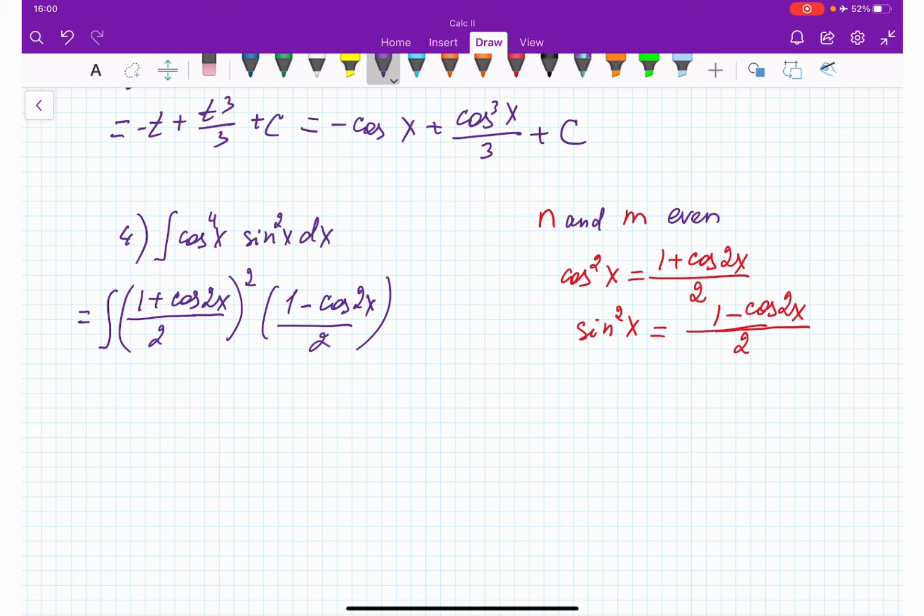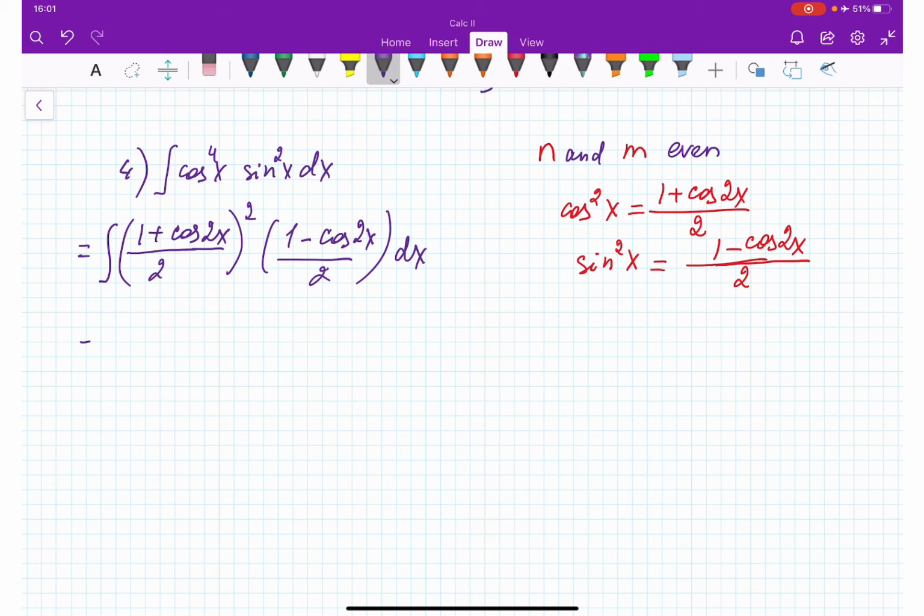So first parenthesis is cosine square x, right? To power 2, I put to power 2. And second one is sine square x, right? dx. Okay?